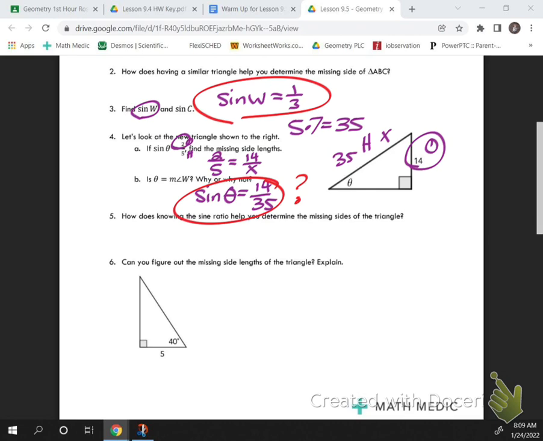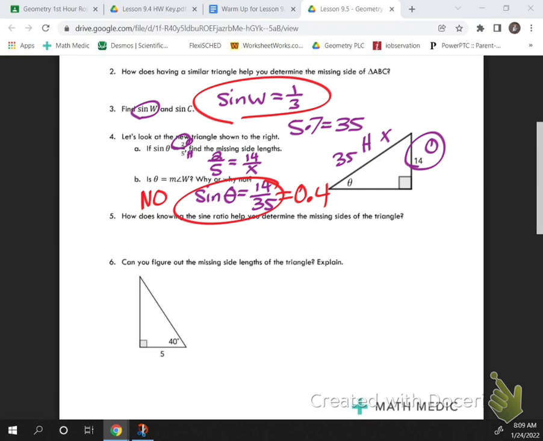What does 14/35 simplify to be? What's that fraction in your calculator? 0.4? Or 2/5, which is not the same as 1/3. So no, they're not equal because those ratios are not the same.